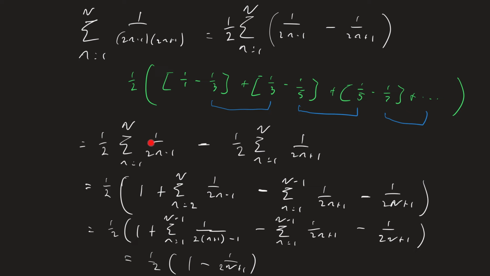So this summation here, I've taken out the very first term, which is 1, and then I've kept the rest from n equals 2 to n. For the second sum, I want to keep all the terms as a single sum except for the very last one. So therefore this term here I break up as a sum from n equals 1 to big N minus 1, and then I isolate the very last summation here.